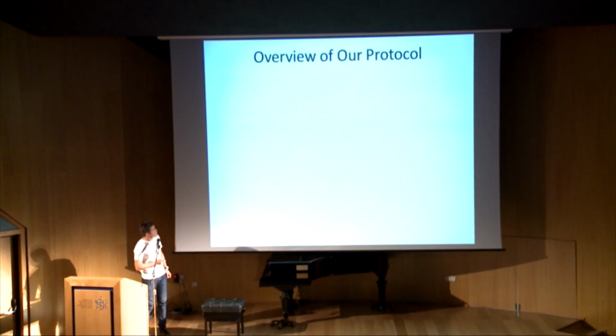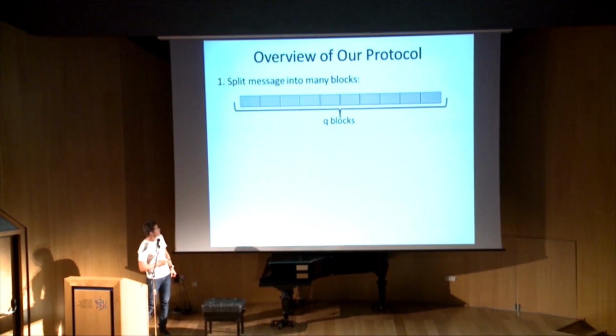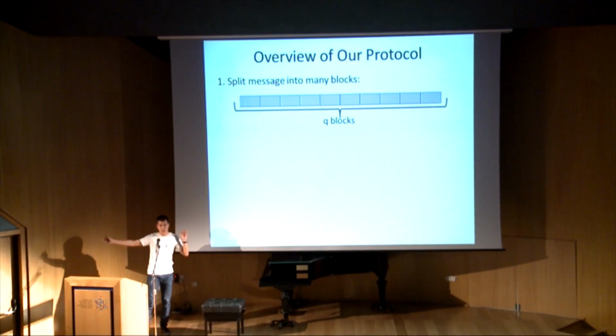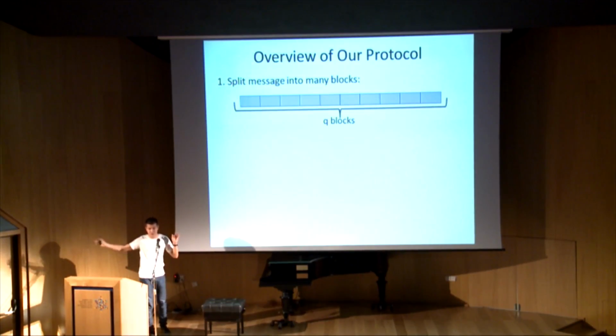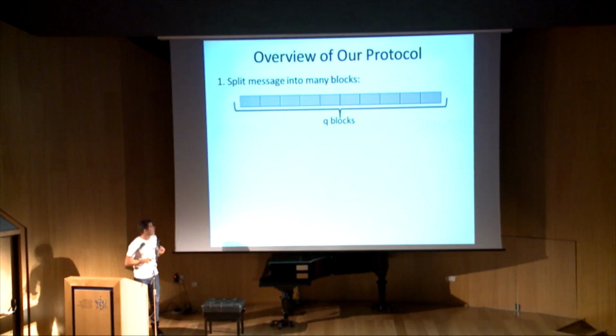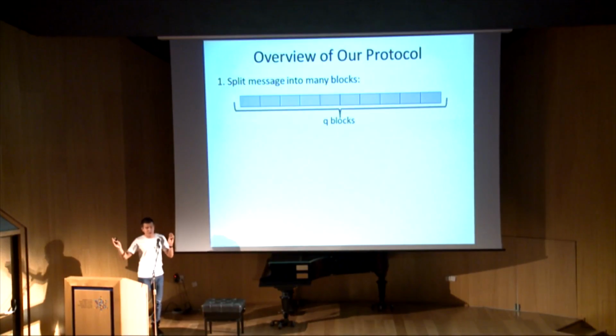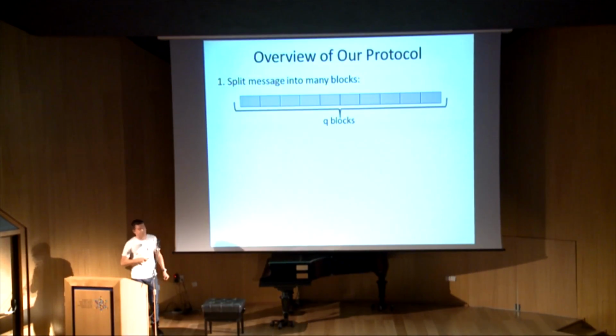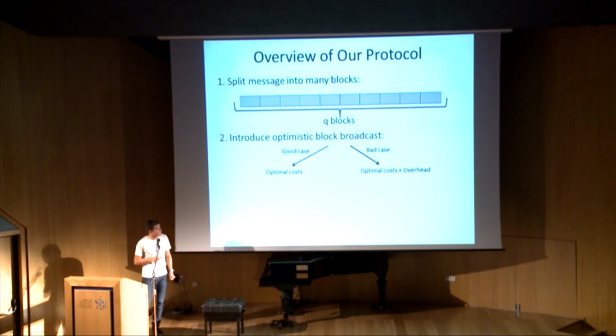Okay, so let's give a small overview of our protocol. Remember, we want to broadcast a very long message of L bits. We'll start our protocol by taking the message and dividing it into Q blocks, so we will split it into many blocks. Then we will introduce something called optimistic block broadcast.